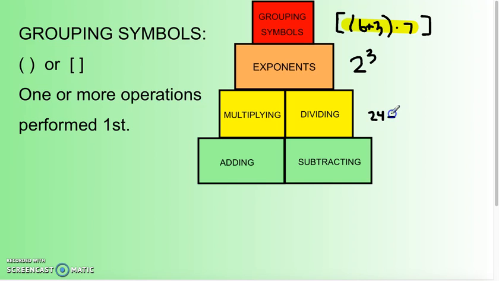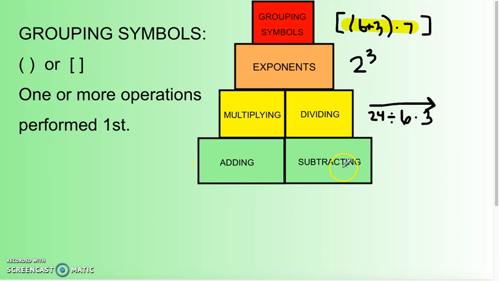So for example, if I was looking at an expression and it said 24 divided by 6 times 3, I would not start with multiplication first because remember we're treating these two the same. And so we are going to read this expression just like we would read a book, a regular sentence. We're going to read it from left to right. So we're going to start off with the 24 divided by 6, and then we're going to multiply by 3.